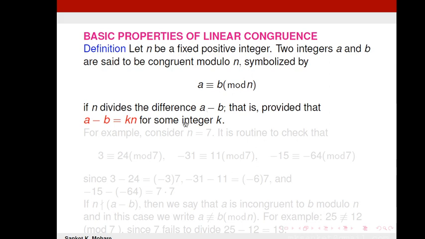That is, the difference a minus b can be written as a minus b is equal to some k times n for some integer k. So whenever the difference a minus b is divisible by n, then we say that a is congruent to b modulo n. Or whenever we write the difference a minus b as some k times n, where k is some integer, then also we say that a is congruent to b modulo n.